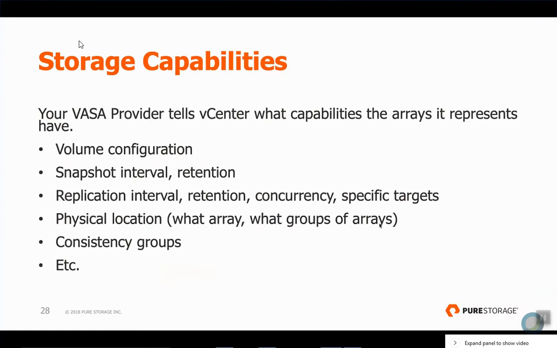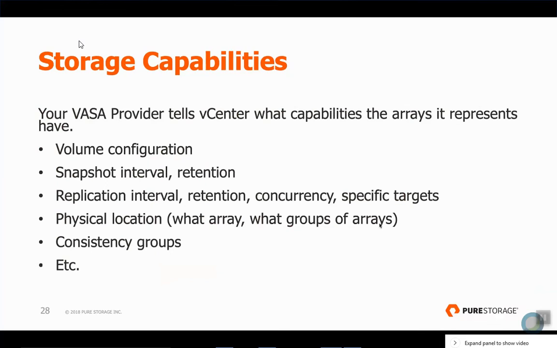Okay. So I mentioned a little bit earlier that the VASA provider is basically an index or a card catalog, or whatever you want to call it, of information about your storage array and what it can do. And really, that's what it is. So, stuff about your volume configuration, block size, snapshot, replication capabilities, consistency groups, right?